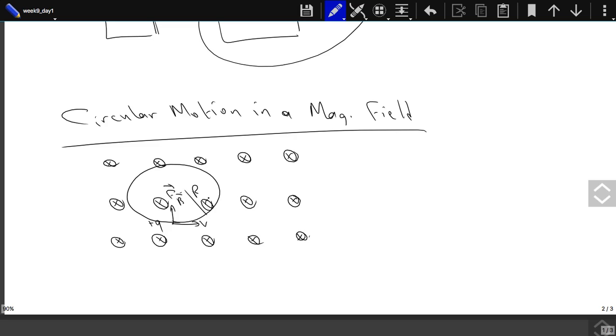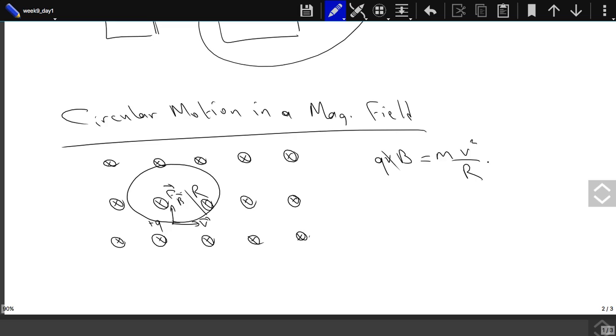with some radius r. And to determine the relation between the magnetic field, its speed, and r, we know that the centripetal force is caused by the magnetic force, which is qvB. And if our object is doing some uniform circular motion, the central force has to be equal to mv squared over r.